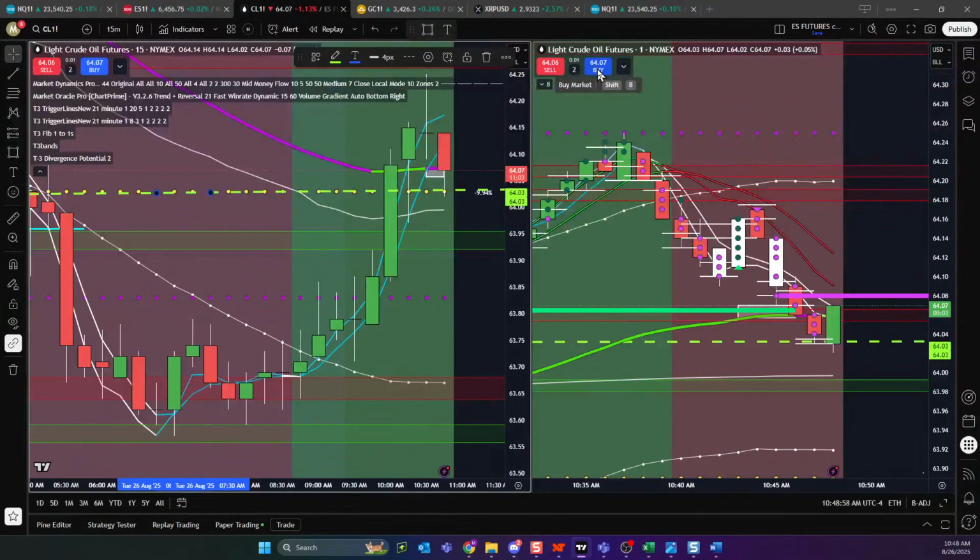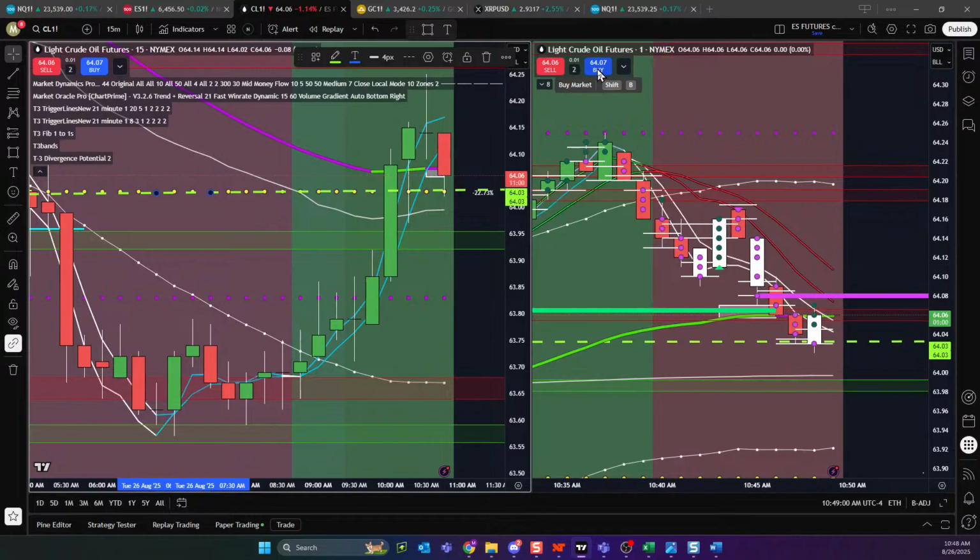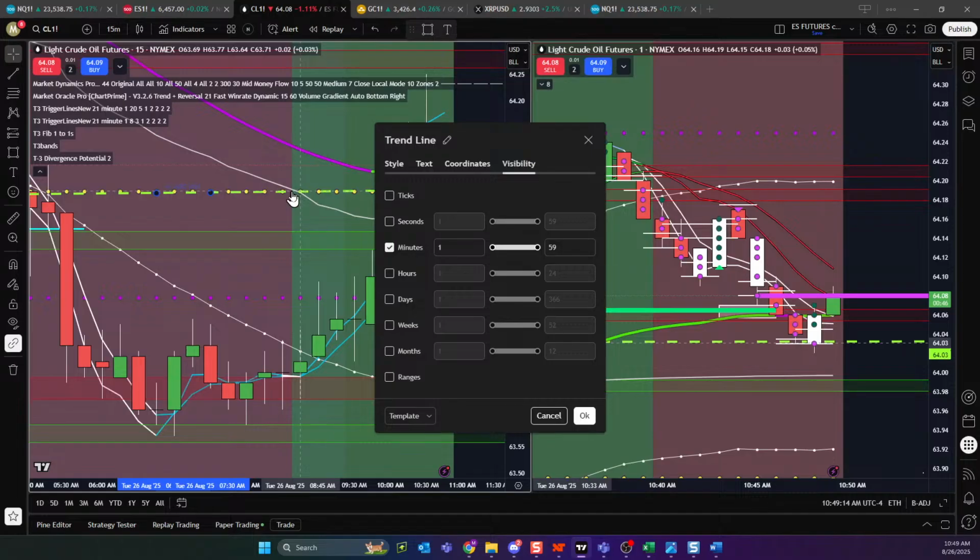4, 3, 2, 1. Did not close on the correct side of the triggers, did it? Show me a picture of your settings, Jen. So double click on it and show me a picture under visibility what your settings are.